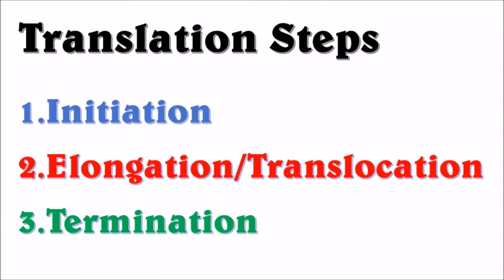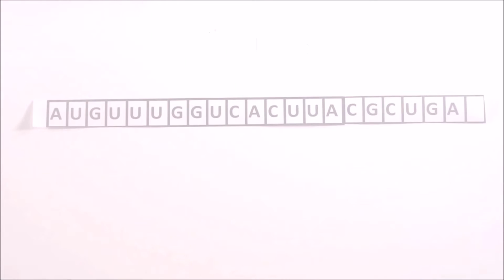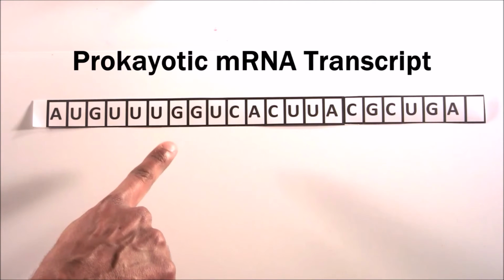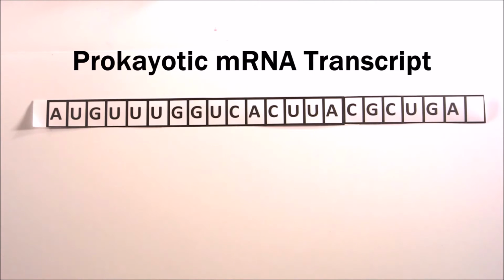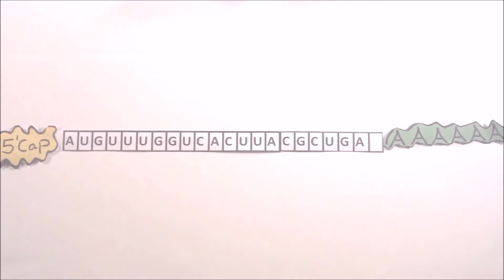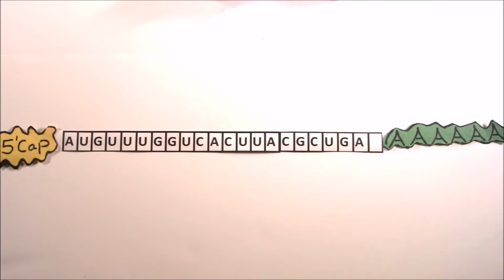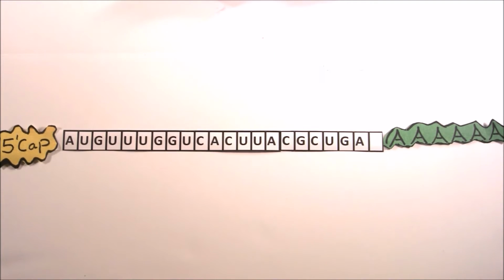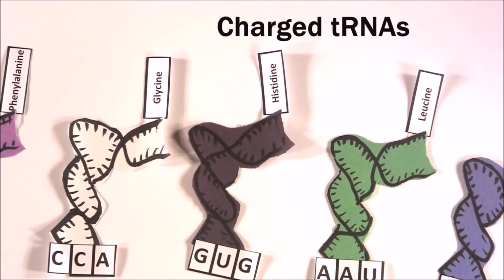Here's what we need to undergo translation. Well, first, we're gonna need our mRNA transcript. If we have a prokaryotic mRNA transcript, you can tell it is so from the lack of the 5' cap and poly A tail that you would see otherwise in eukaryotic mRNA transcripts. We would also need charged tRNAs.